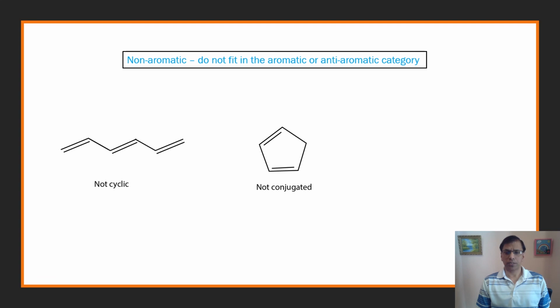Another example of a non-aromatic compound is this molecule right here. It's cyclopentadiene. Observe that the conjugation or the overlap is broken due to the presence of sp3 carbon atom right here, and hence it's not conjugated, and so it's non-aromatic.